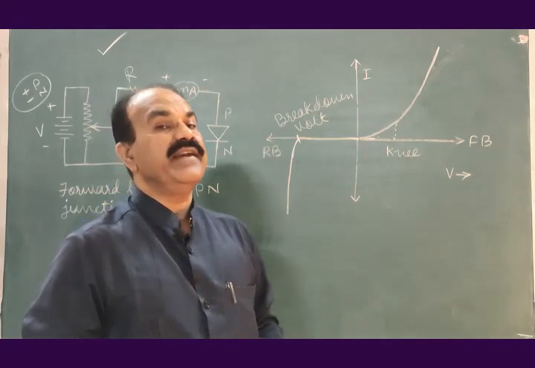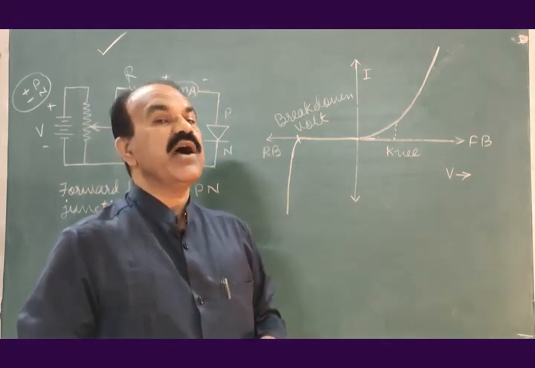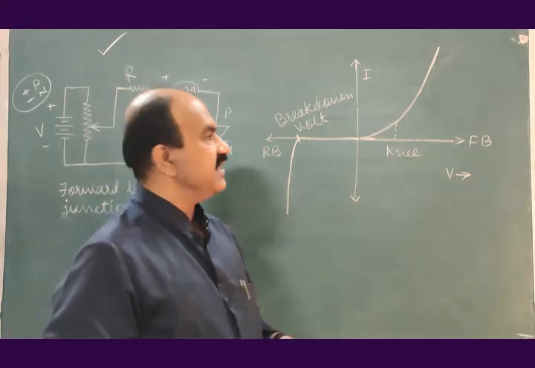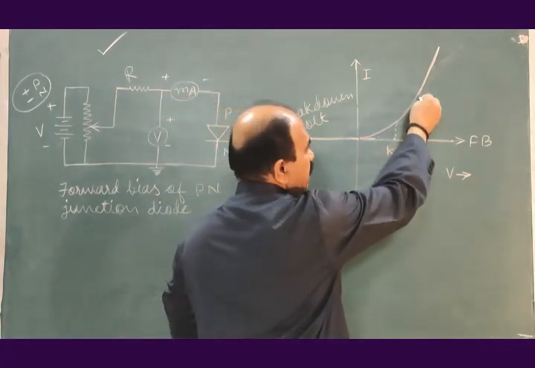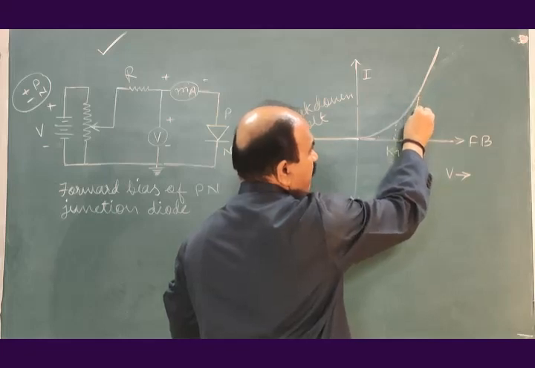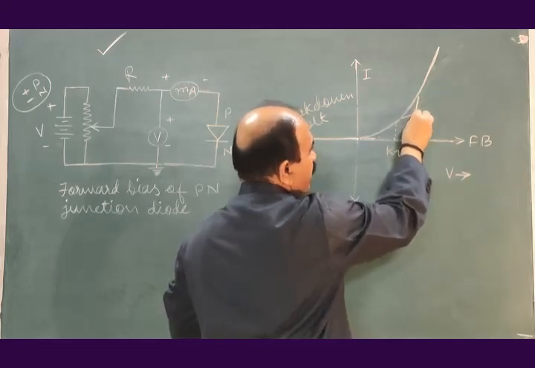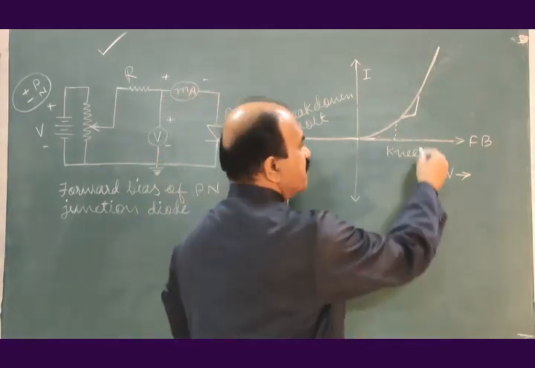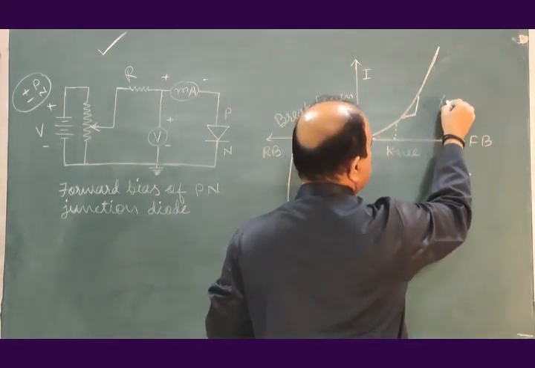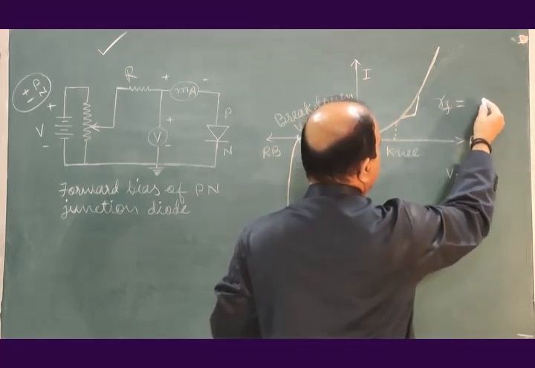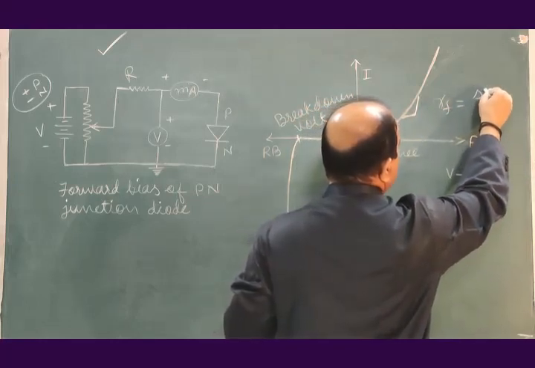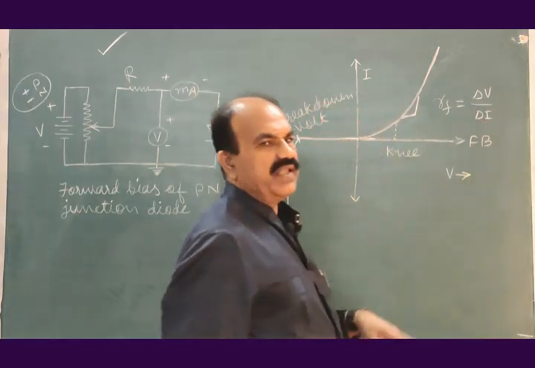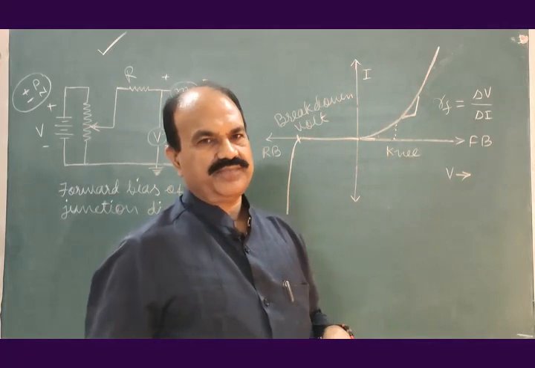If you are asked to find the resistance of the diode in forward bias and the resistance of the diode in reverse bias, you have to take the slope somewhere this way, and the resistance in forward bias, R_F, is equal to delta V divided by delta I, which will be very small.